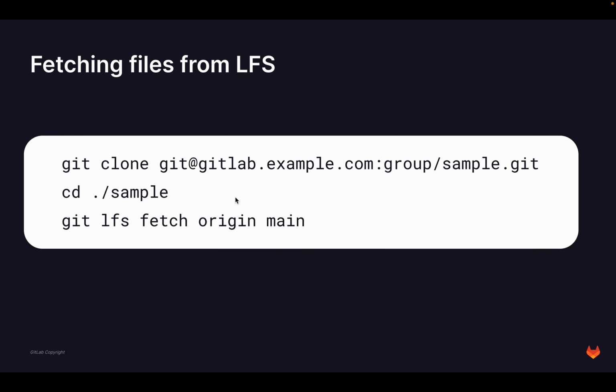When you clone a repository, you don't necessarily have to get the LFS files immediately. So it can also be that with the Git clone you only get the pointers, and then you can later on do a Git LFS fetch, and this will then fetch the actual data from the LFS server.